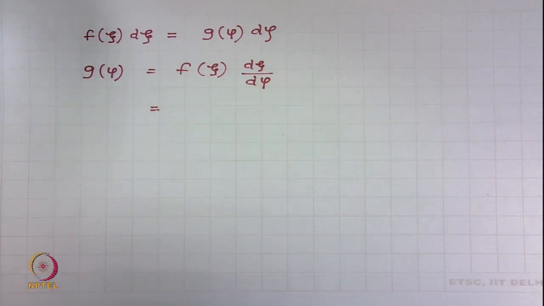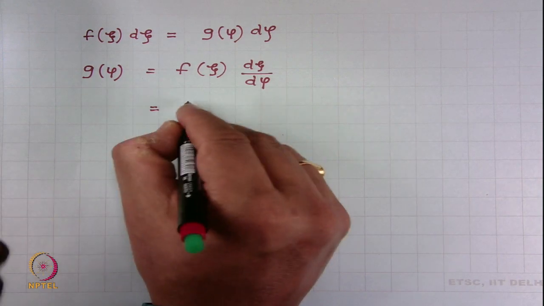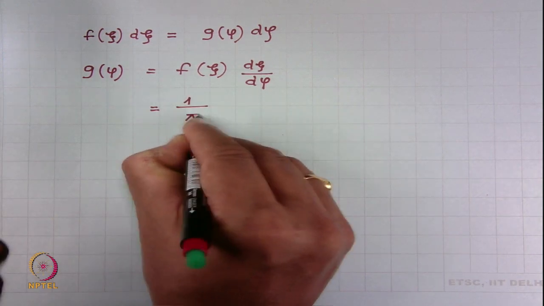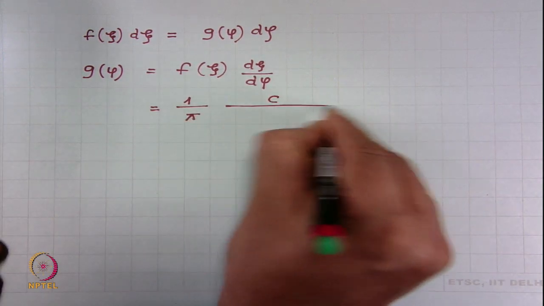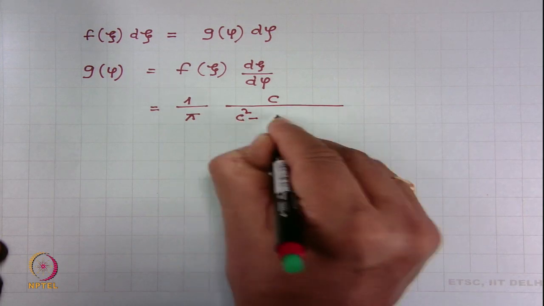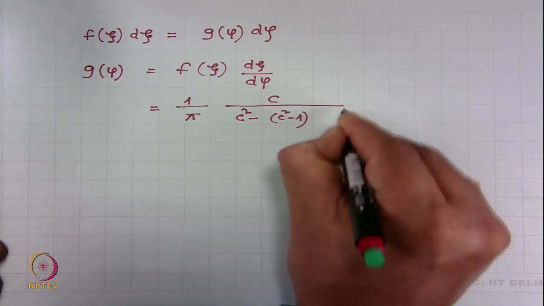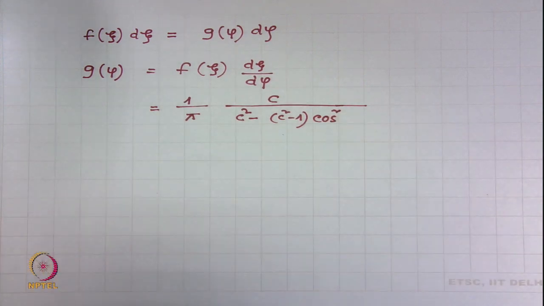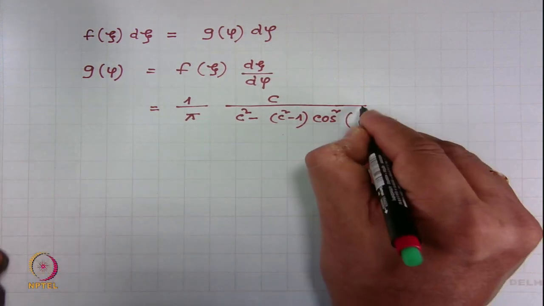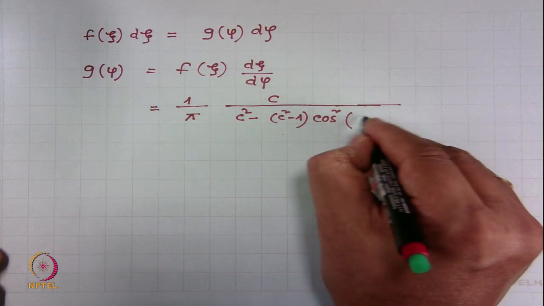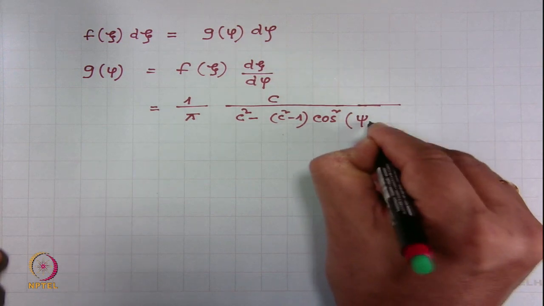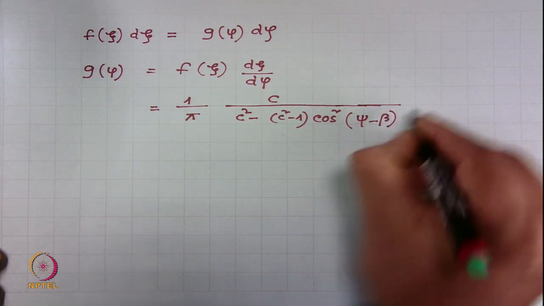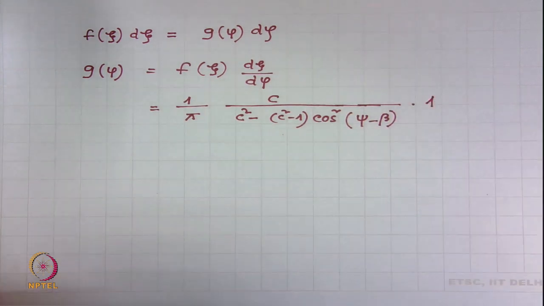So, what is your this? We have just now found out c by c square minus 1, cos square of psi minus beta, into 1, right.